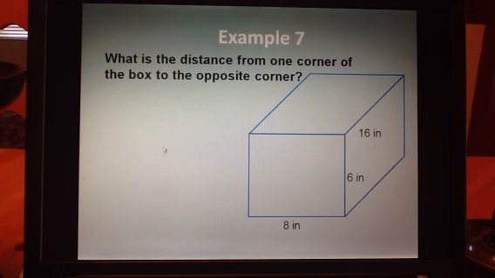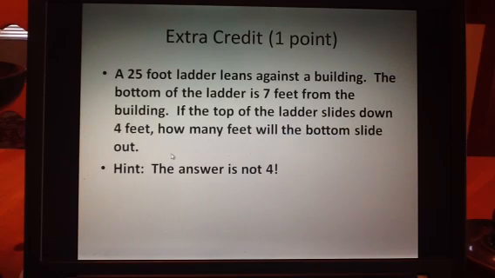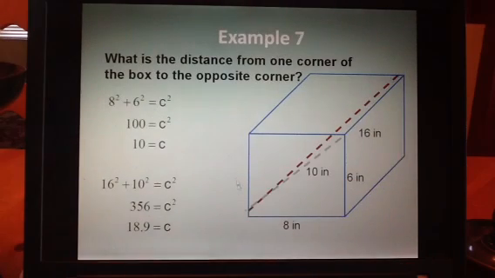All right, your last example is asking what is the distance from one corner of the box to the opposite corner. Now, this is what we're talking about. I think we're going to go over this one in class. I'm going to have you write it down, but this one's a little bit more detailed, and I want you to see if you can find a shortcut.